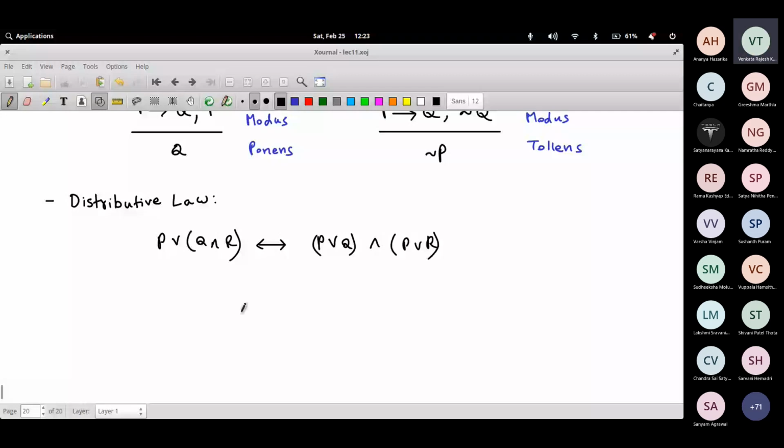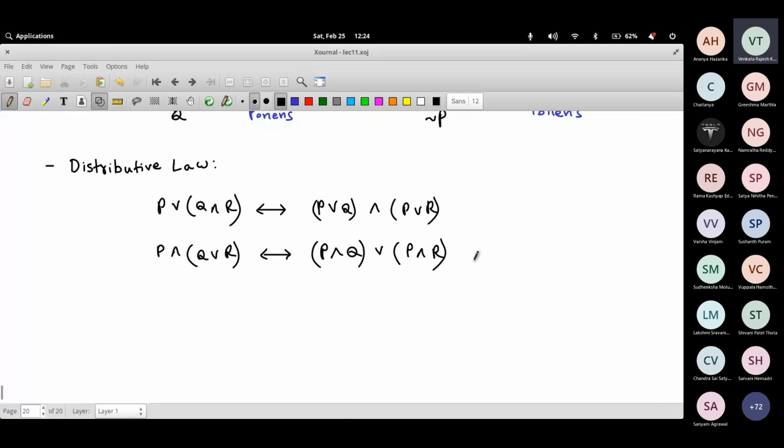Similarly, P and (Q or R) is equivalent to (P and Q) or (P and R). Okay, so this is self-evident, so I won't explain this. You know this already. All right.